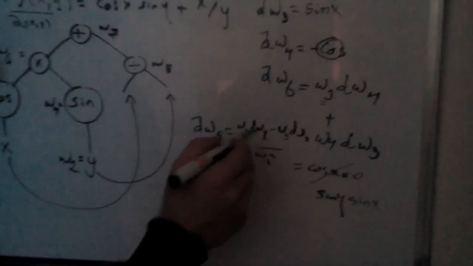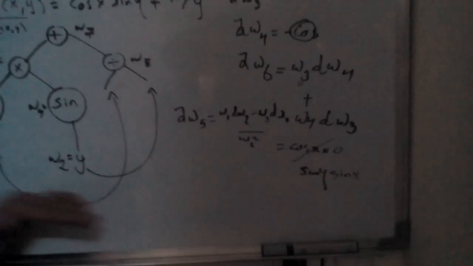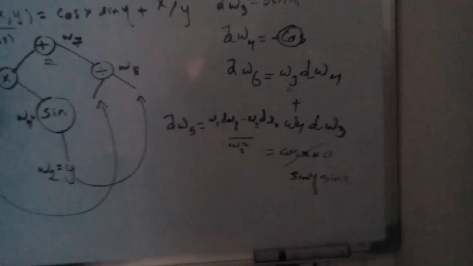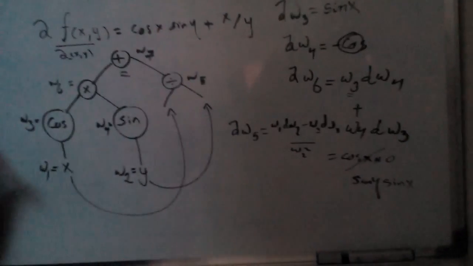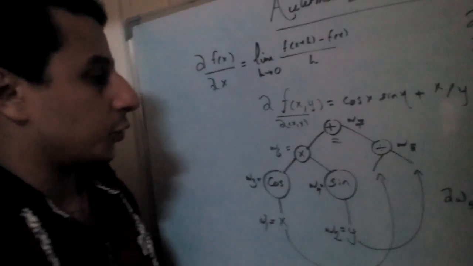We have got omega 1 d omega 1, and so on. We continue with the graph till we reach the root node. We do that relative to x one time, and the other time we do it relative to y. And this is the basic of the automatic differentiation algorithm in the forward mode.